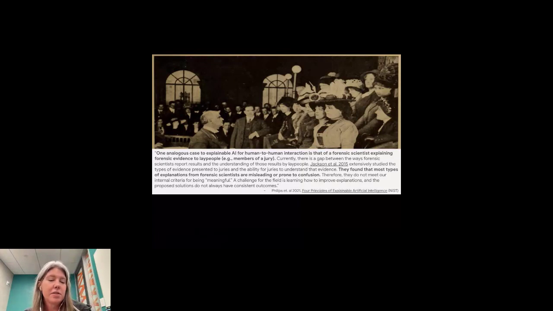And there was actually a study that said there have been many cases where jurors have misinterpreted information presented to them by these domain experts, the forensic scientists. That kind of information can be misleading, and there could be some confusion there, and that has implications for the justice system.